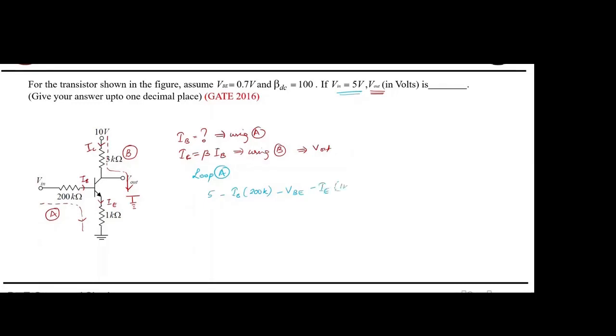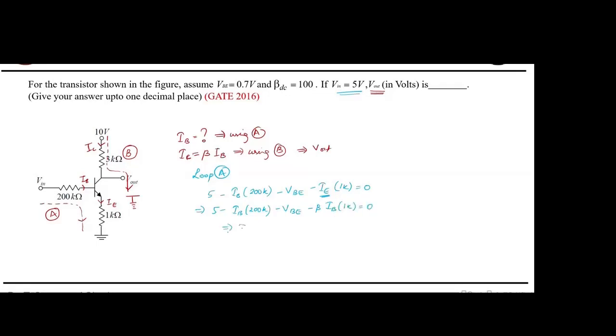IE times 1K, yes or no? This IE I can convert into IB, right? Beta IB. So, 5 minus IB times 200K, minus VBE, minus beta times IB times 1K equals 0.